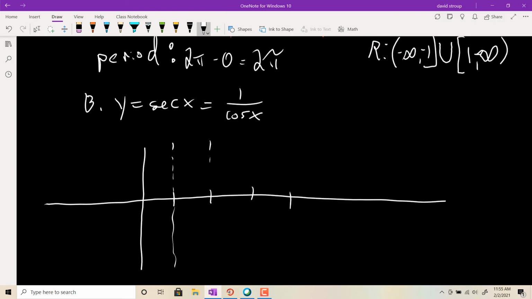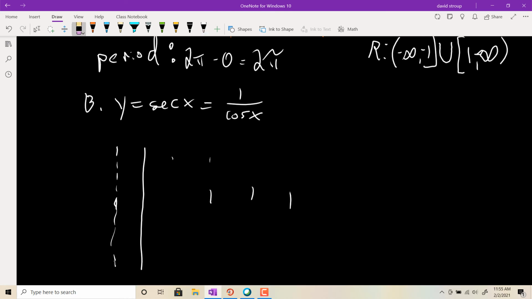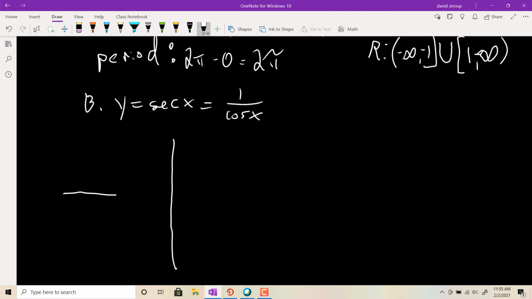Here. Well, maybe I should put in the asymptotes last. Sorry, I completely butchered my picture. Let me draw cosine first, and then you can guess the asymptotes, because wherever cosine hits the x-axis, that's where your asymptote is.